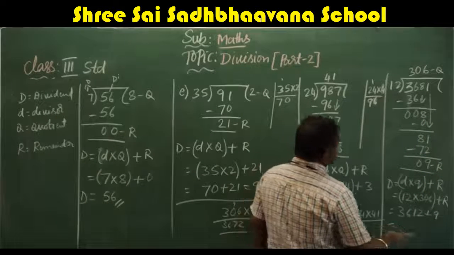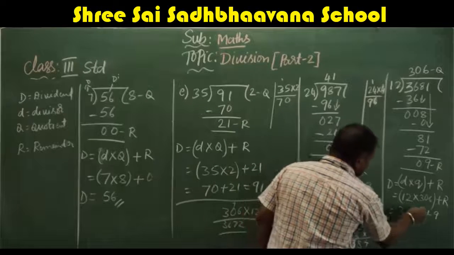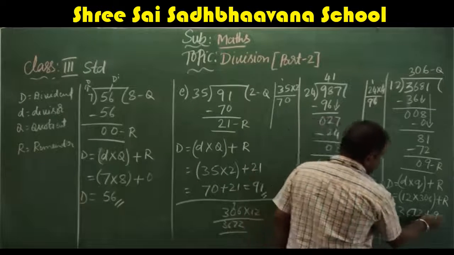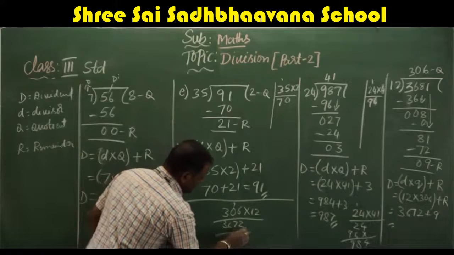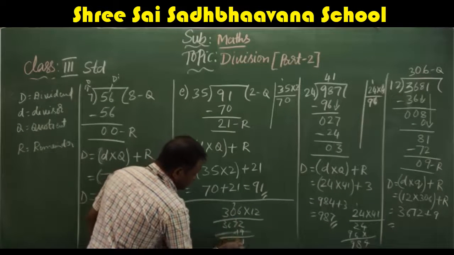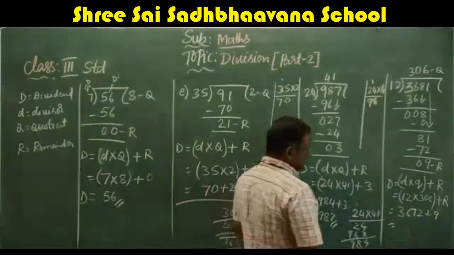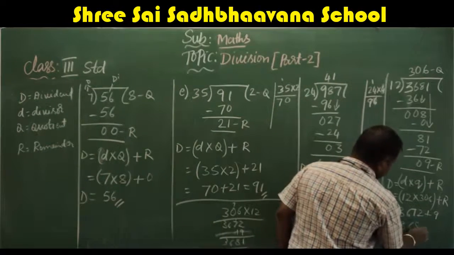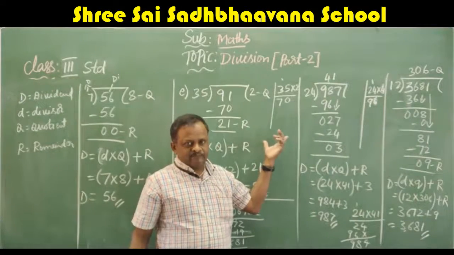I will add here only, if you have confusion: 9 plus 2 is 11, carry 1, 8, 6, 3, that is 3681. So the same answer you will get.